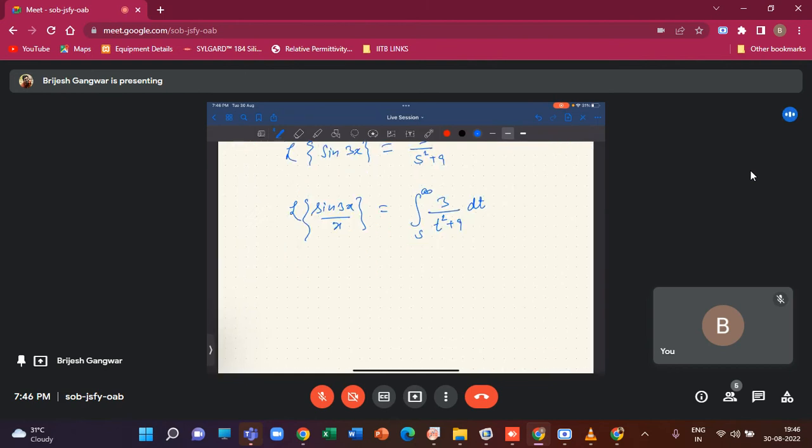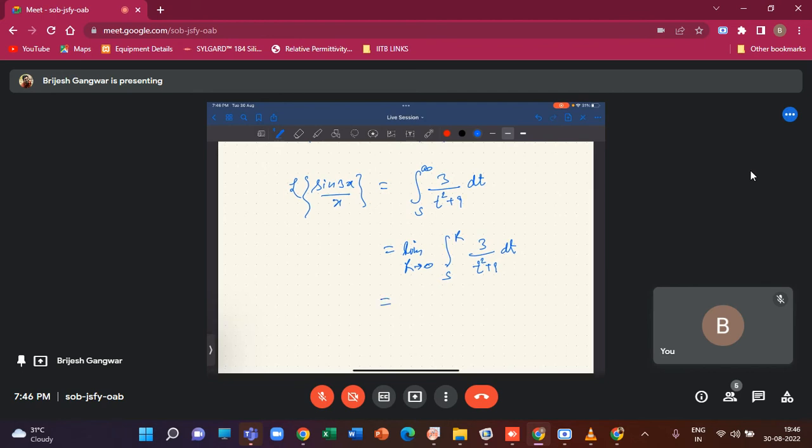So we put the limit r tends to infinity, integration up to r of 3 upon t square plus 9 dt. The integration of this, t square plus a square form, will be tan inverse t upon 3 up to r.